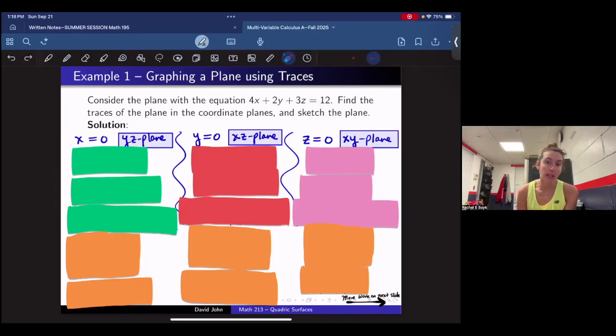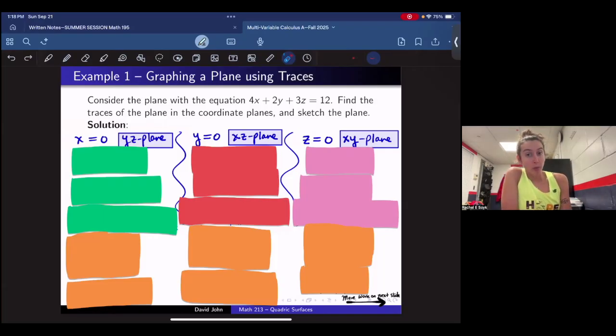Our YZ plane, our XZ plane, and our XY plane, aka our YZ trace, our XZ trace, and our XY trace. And so in this first column, what's our missing variable here, x. We set that equal to 0, and then we want to find the trace for YZ from there.